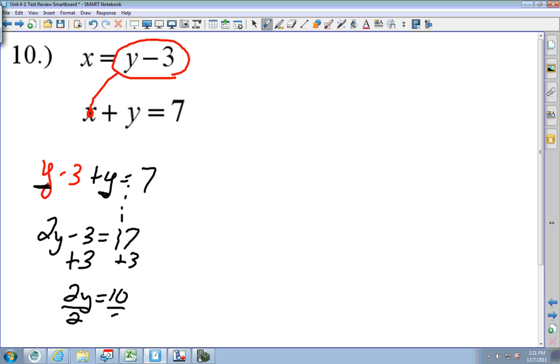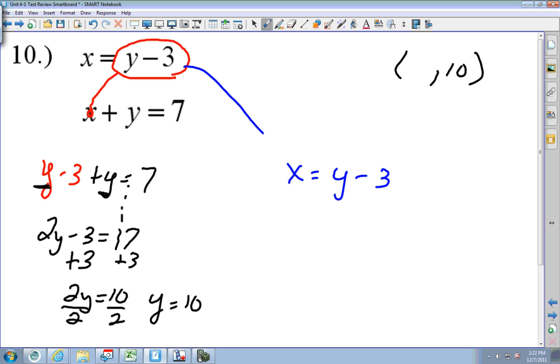Divide by 2. Y equals 5. Well, y is 10, so now we need to find our x. Bring this up here. X equals y minus 3. X equals 10 minus 3. X equals 7. There's your solution to number 10.